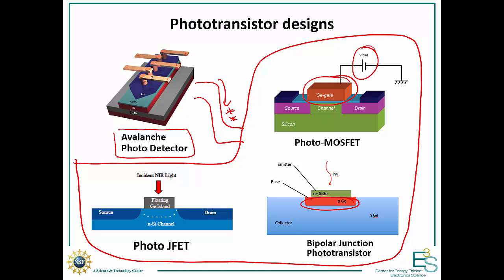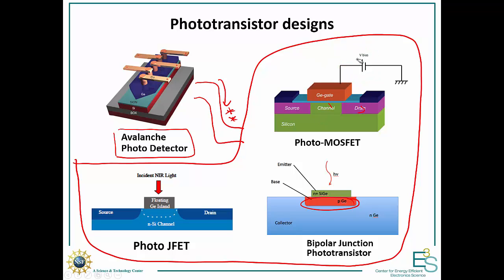So when you bias it, you can deplete it, and what's going to happen is that your electrons, for example, will go down to the contact, and your holes will accumulate on the surface on your oxide barrier between your gate and your channel, and that'll attract electrons, and then you can create a channel, and you've got your photo holes amplified since many electrons can pass through from the source to the drain.